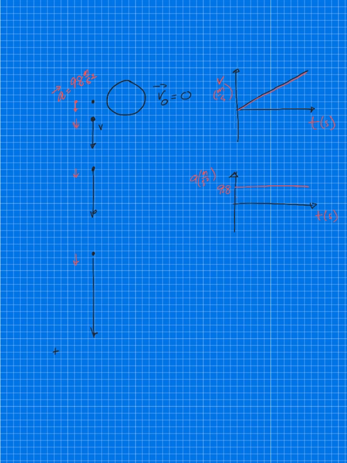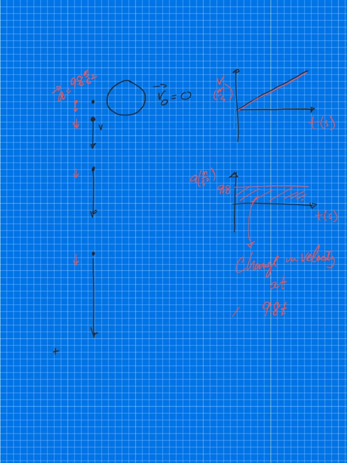And then this area here tells me my change in velocity. So change in velocity is going to be acceleration times time, right? Because that area is, or 9.8 times t.